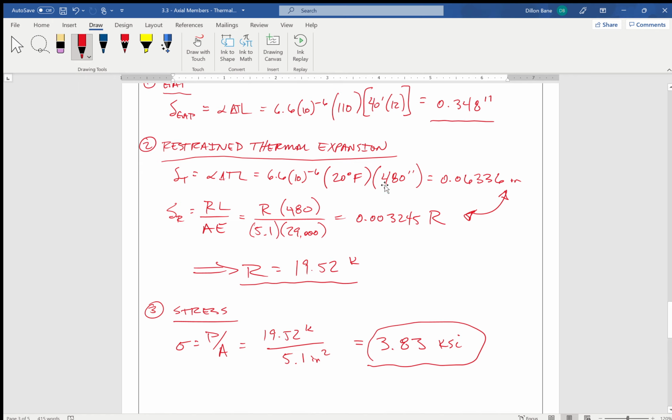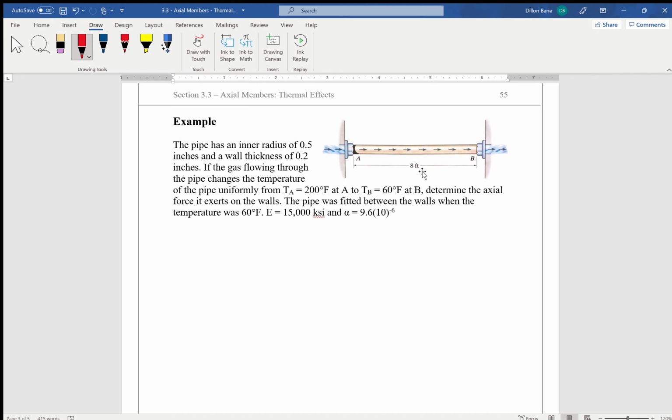All right, so the pipe has an inner radius of 0.5 and a wall thickness of 0.2. If the gas flowing through the pipe changes the temperature of the pipe uniformly from where the temperature at point A is 200 degrees Fahrenheit to where the temperature at point B is 60 degrees Fahrenheit, determine the axial force that it exerts on the wall.